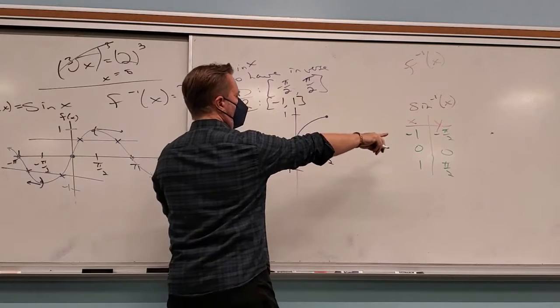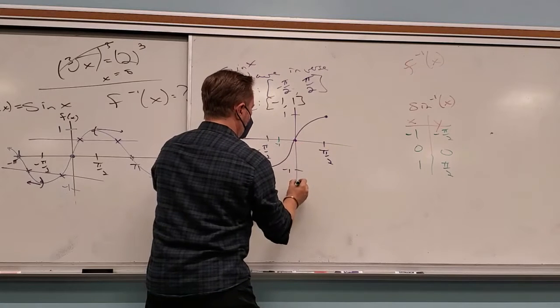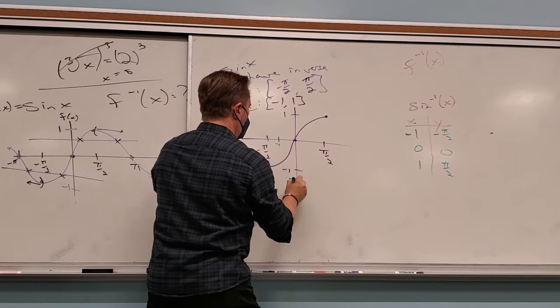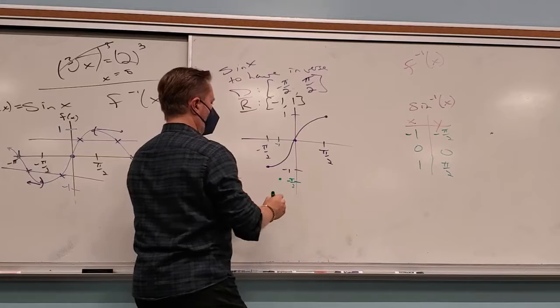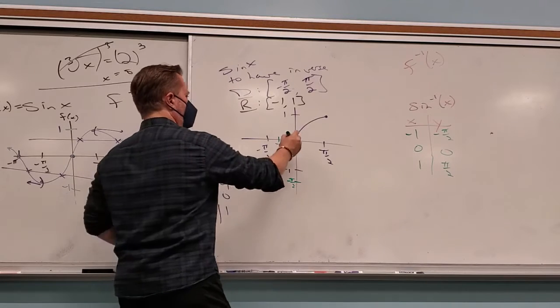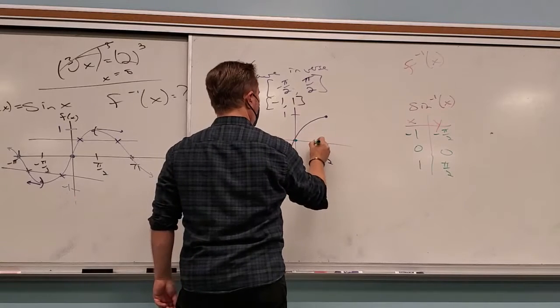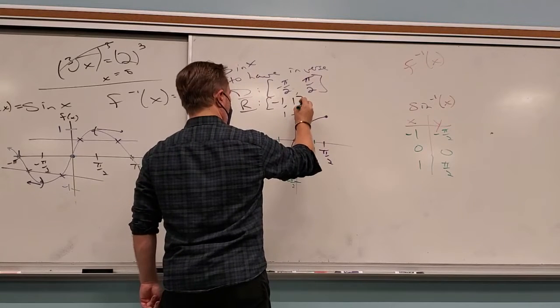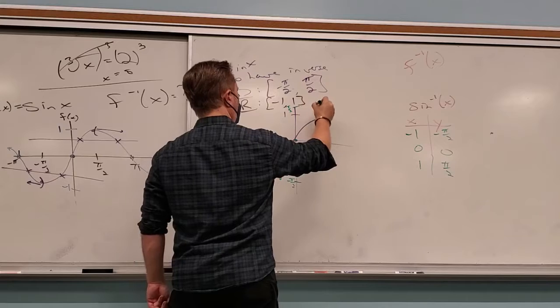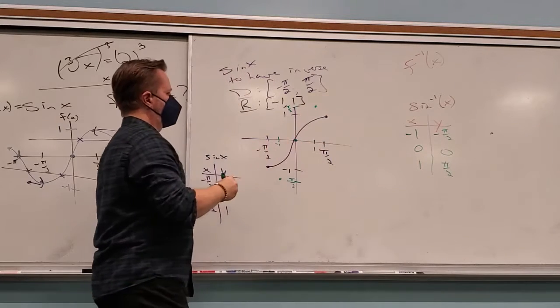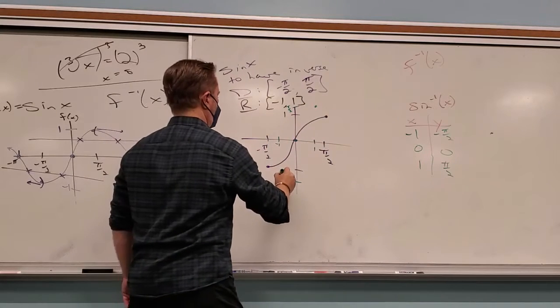So if I want to graph the point negative 1, negative pi over 2, here it is. 0, 0. And then 1, pi over 2. So it's going to look like this.